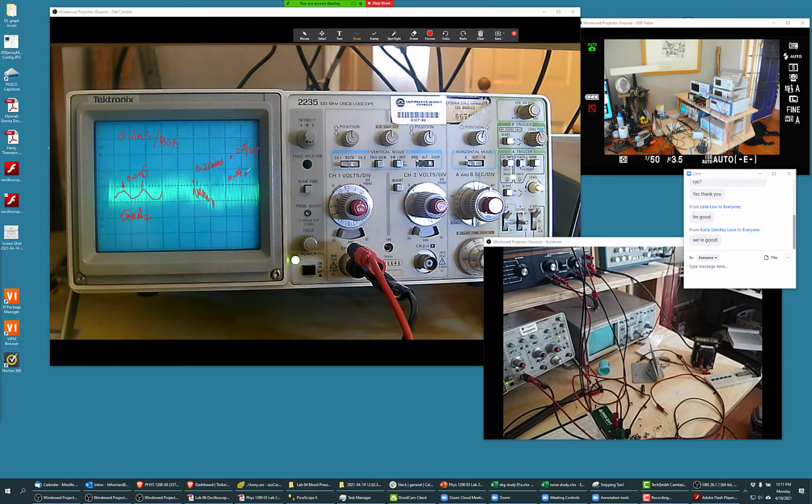So that's 0.04 milliseconds. And that is 25,000 hertz. Heaven only knows where that's coming from.